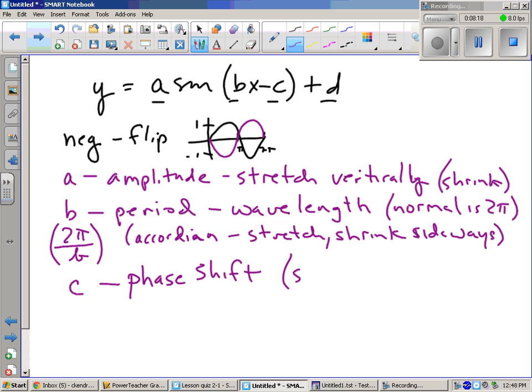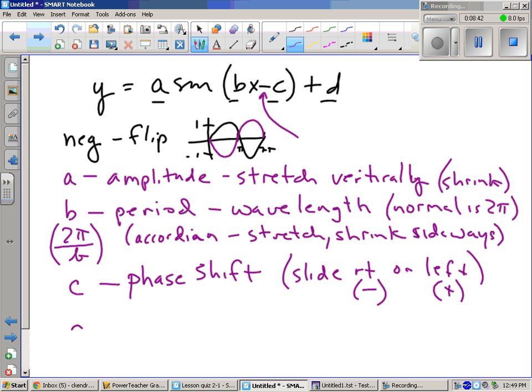The C is called the phase shift. And that basically is a slide right, which would be a negative sign, or left, which is positive. Now I know that's backwards of what you think, but it's in parentheses here with a minus sign. Just like in parabolas and other graphs you've done, inside the parentheses usually ends up being opposite of what you think.